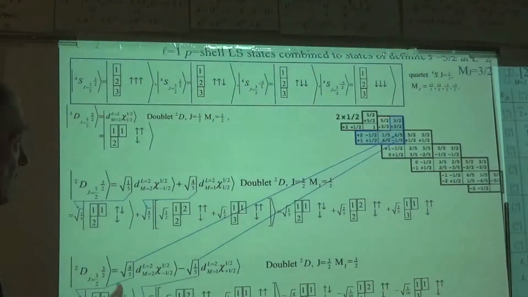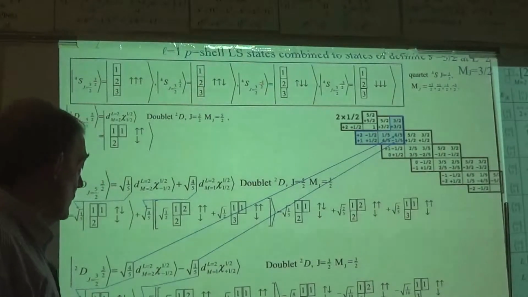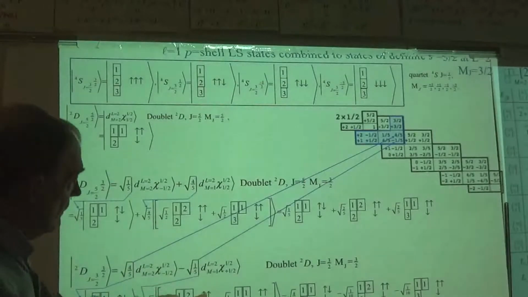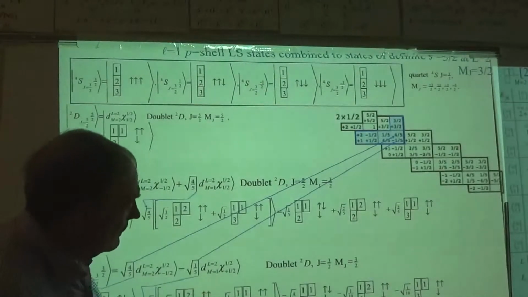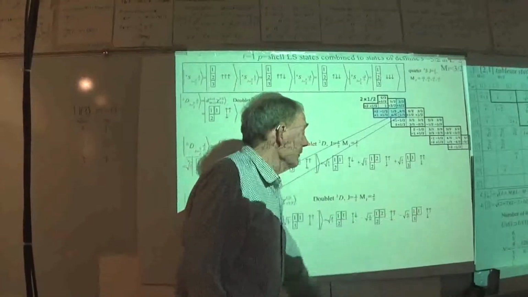But we needed tableaus for that too, so that's the other part of this, and now we're looking at the tableau here associated with the orbital part, and then the spin parts are attached to each of those tableaus. So the final result is this one right here.